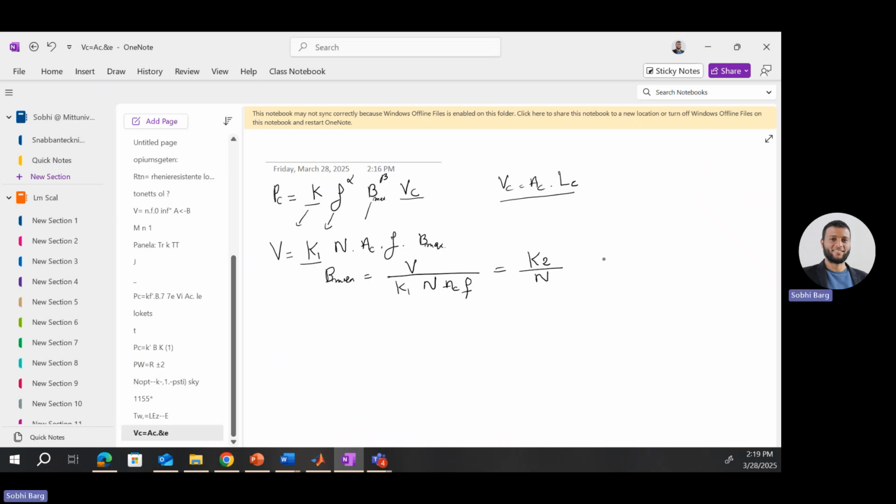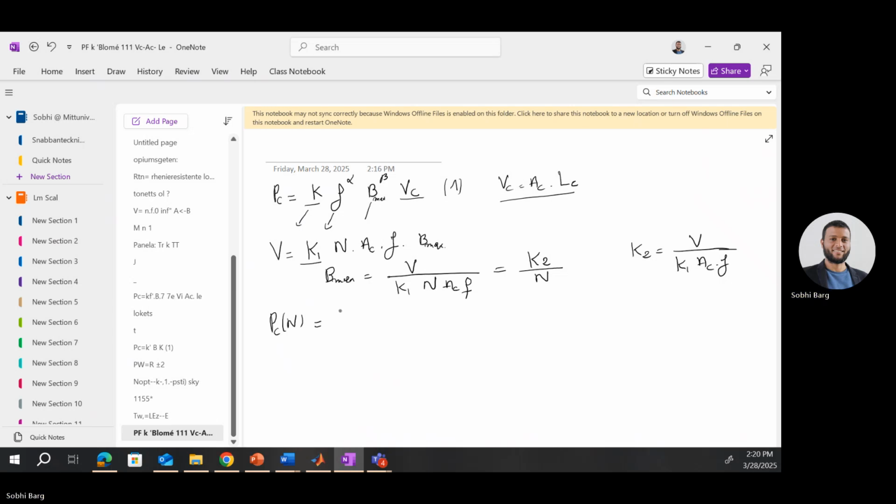And K2 is basically the voltage divided by K1, Ac and the frequency. So we have to replace the equation of Bmax in equation number 1 for core loss. And what we will find is PC as a function of the number of turns.